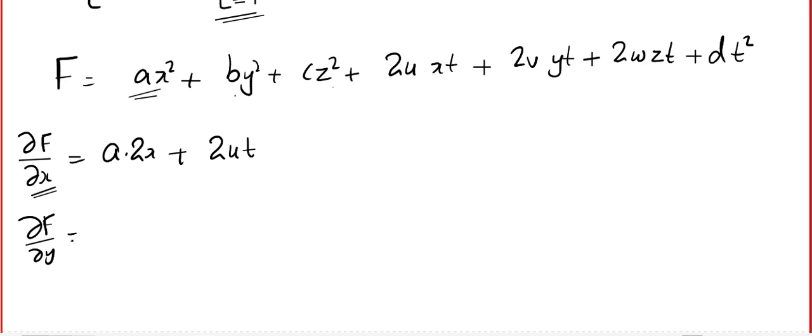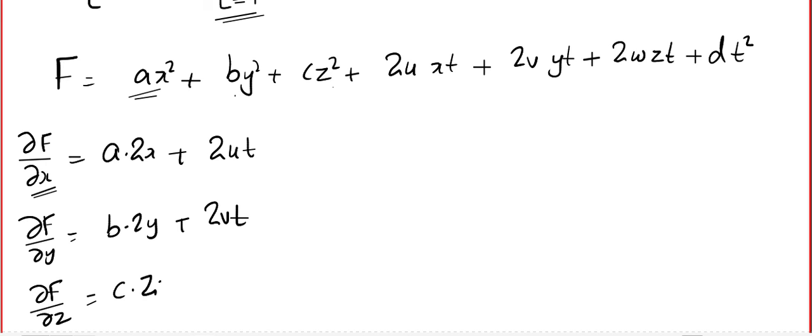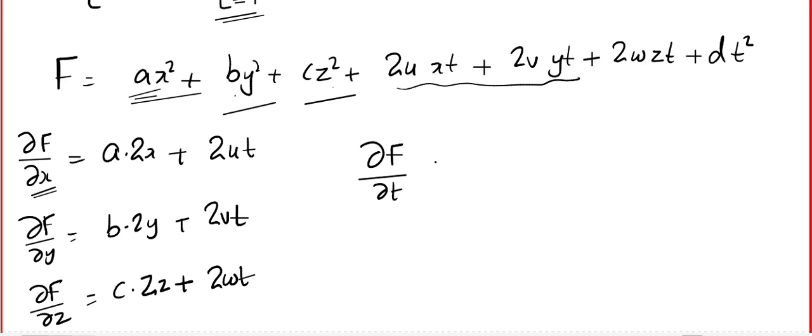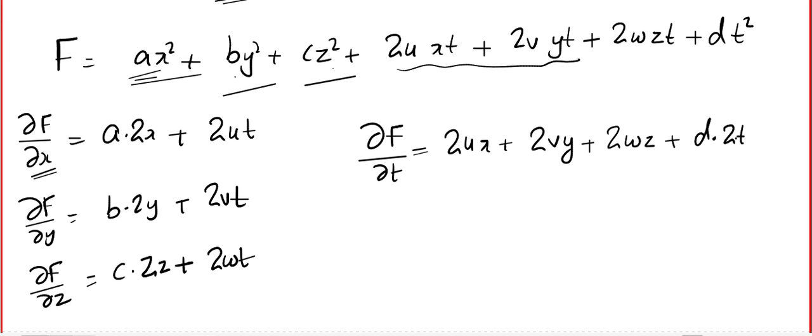Similarly, the others will be b into 2y plus 2vt, and the next one will be c into 2z plus 2wt, and with respect to t, the first terms will be 0, 0, 0, so we will get 2ux into 1, 2vy into 1, 2wz into 1 plus d into 2t.